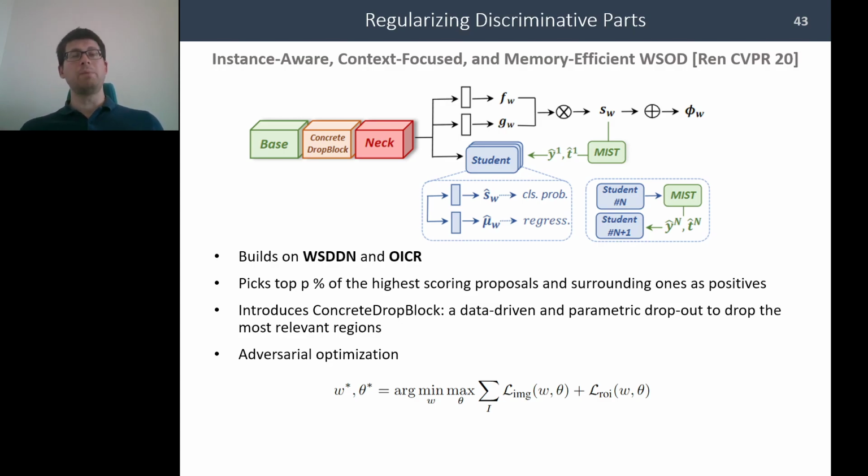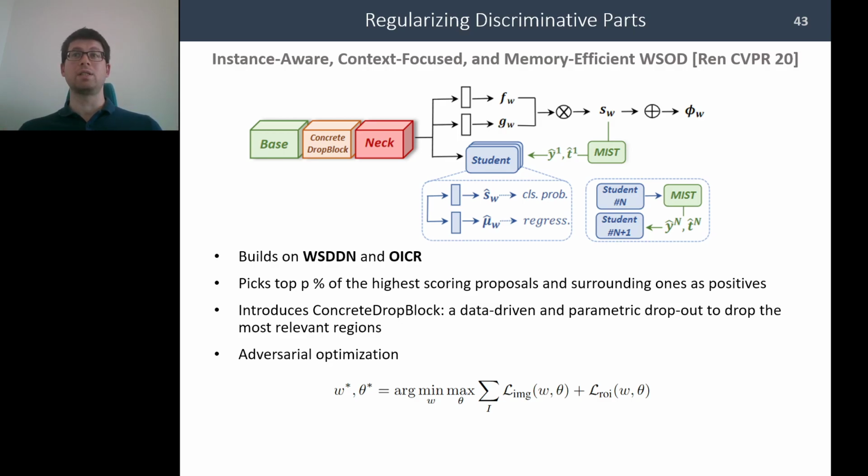The paper focuses on the part ambiguity, and the idea here is a regularization component called concrete drop block to regularize the network to not lock into small parts of the object. The authors introduce this customized drop block, which is a data-driven and parametric dropout.